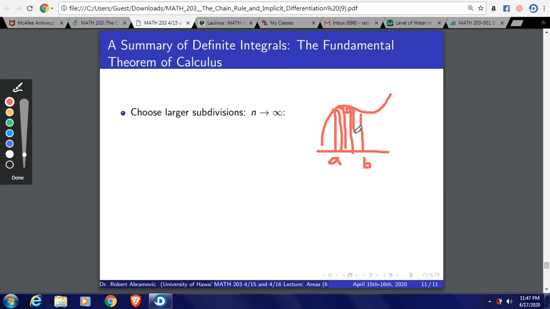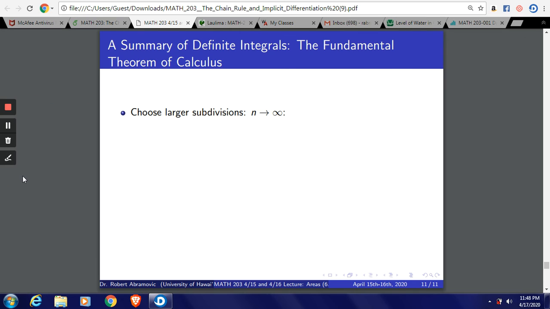You should get the idea. 3, 4, now there's 5 rectangles. That's more accurate, as you can see. This is more accurate to the area under the curve y equals f of x from a to b than just those 3 rectangles. If you keep choosing larger and larger subdivisions and add up those areas, you're going to get an area that's closer and closer to the actual area under the curve.